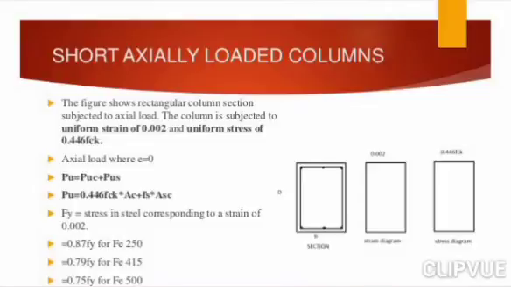Axial load, where e equals 0: Pu is equal to Puc plus Pus, where Pu is equal to 0.446 fck into Ac plus fs into Asc. fs is the stress in steel corresponding to the strain of 0.002: 0.87 fy for Fe250, 0.79 fy for Fe415 and 0.75 fy for Fe500.